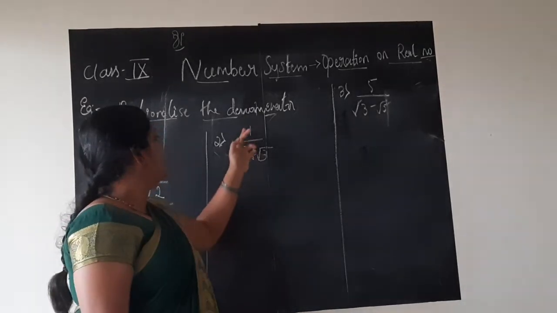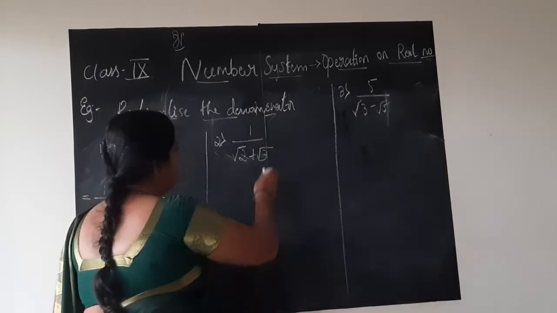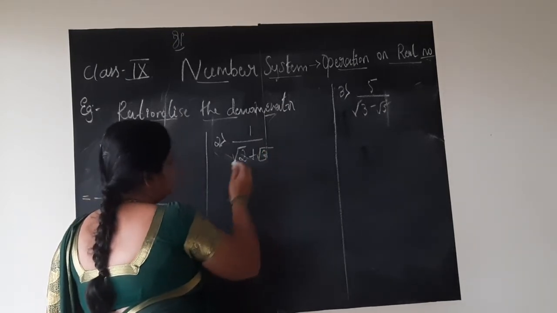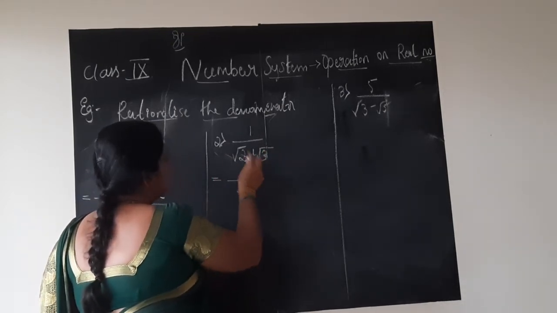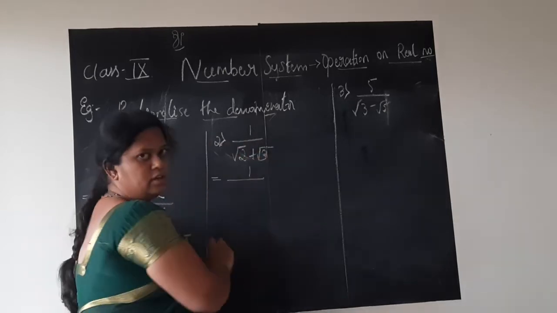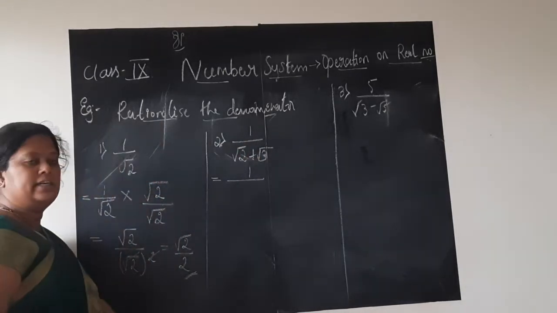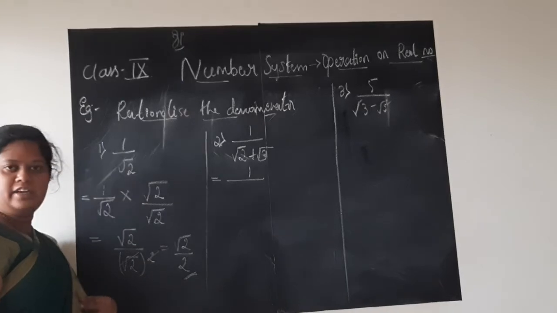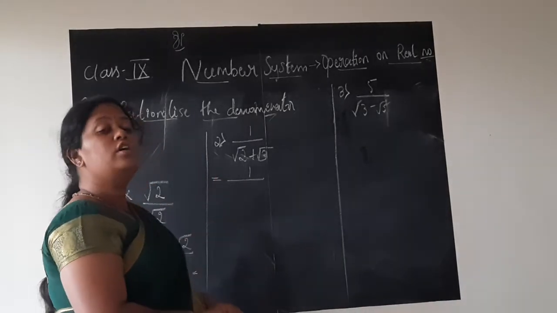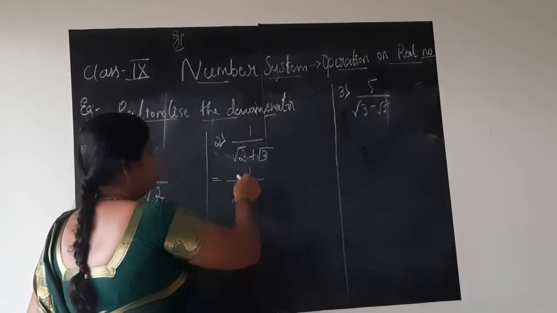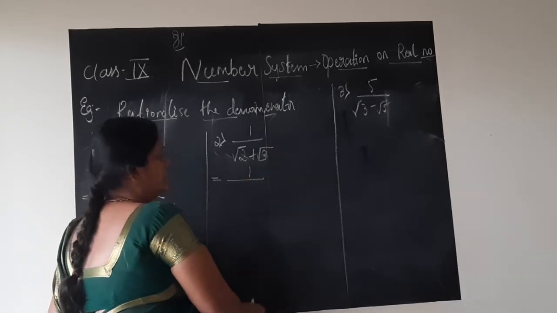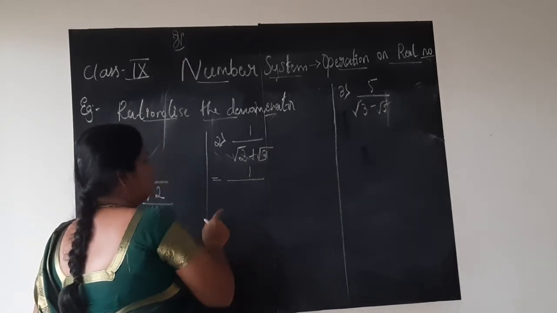Children, it is 1 by square root 2 plus square root 3. This is number 3. So first step, again here also we need to rationalize this denominator. Here we had a single term. In that case simply we multiply and finish. But there is a little change if two numbers are there, first with a plus sign, second with a minus sign. So now we shall look at the first problem with a plus sign.